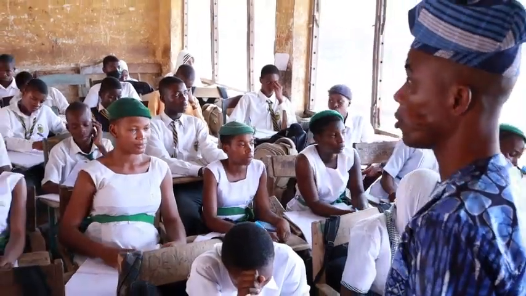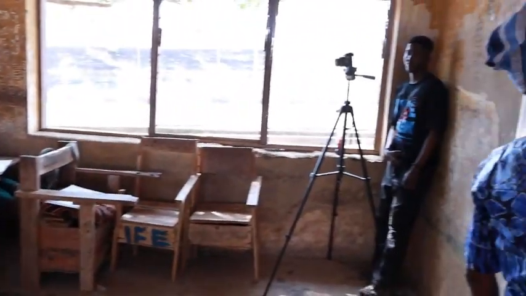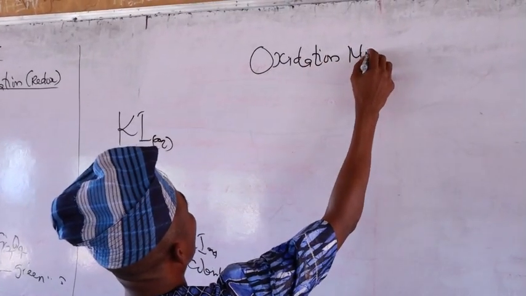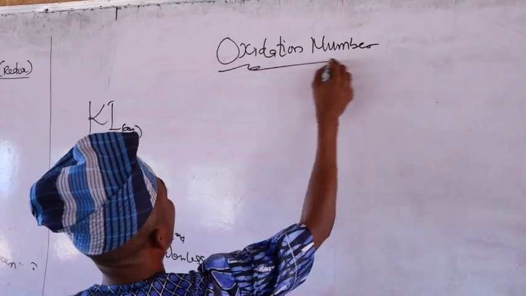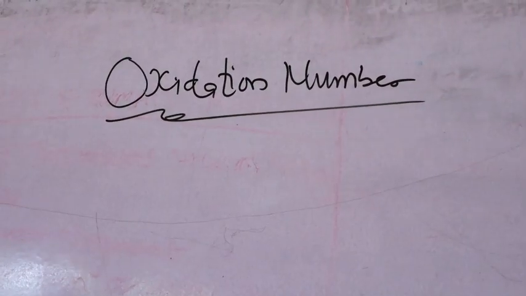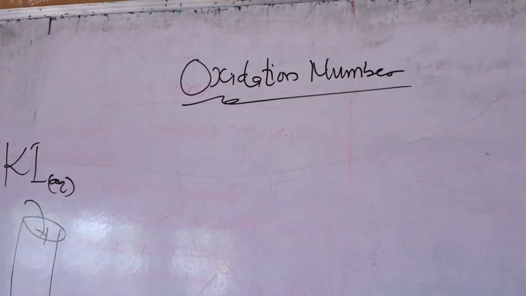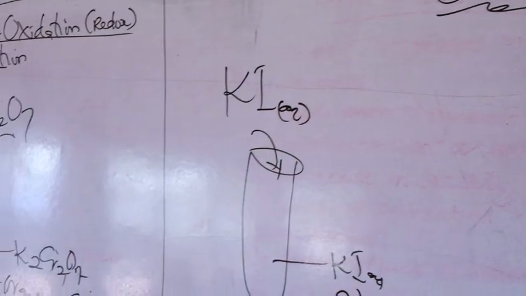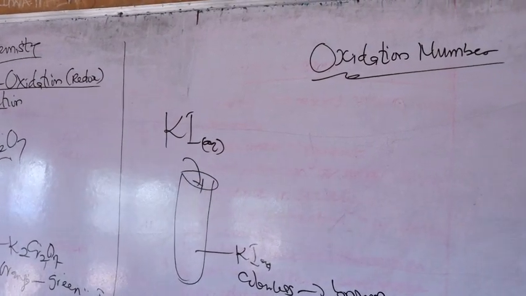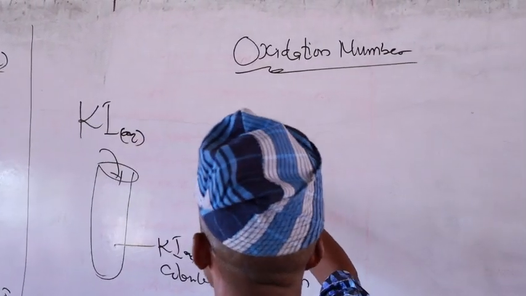So let's look at oxidation number. The electrical charge possessed by an atom or group of atoms as determined by a set of arbitrary rules is referred to as oxidation number.